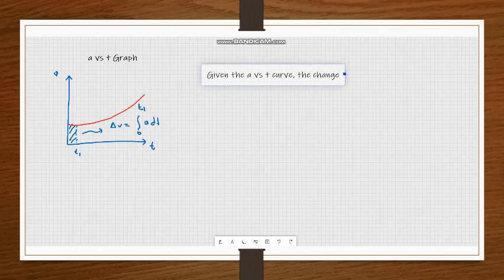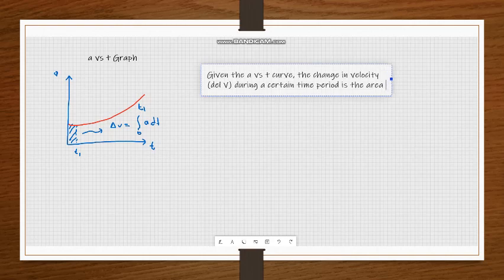The change in velocity, which is delta v, during a certain time period, is the area under the a versus t curve, the acceleration versus time curve.